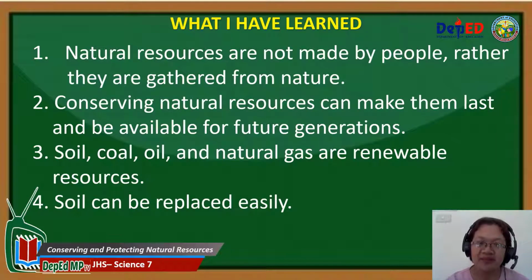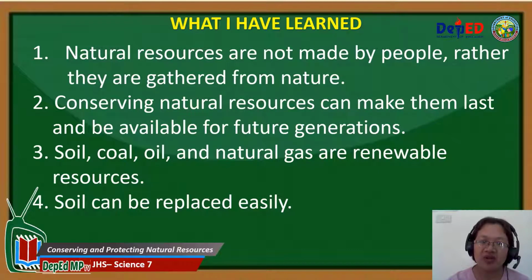Number 1. Natural resources are not made by people, rather, they are gathered from nature. Number 2. Conserving natural resources can make them last and be available for future generations. 3.